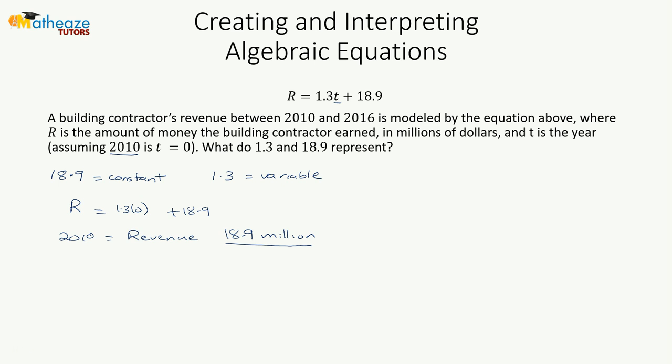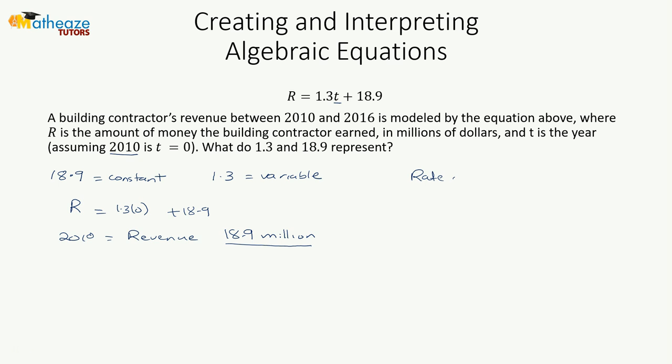Now, here T is the number of years after, so from 2010 through 2016. So 1.3 represents the rate of increase in revenue.